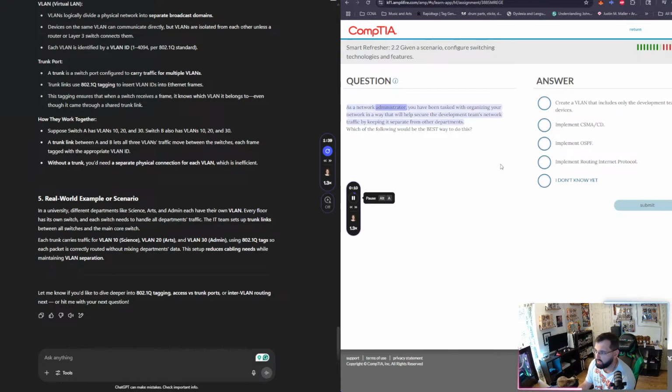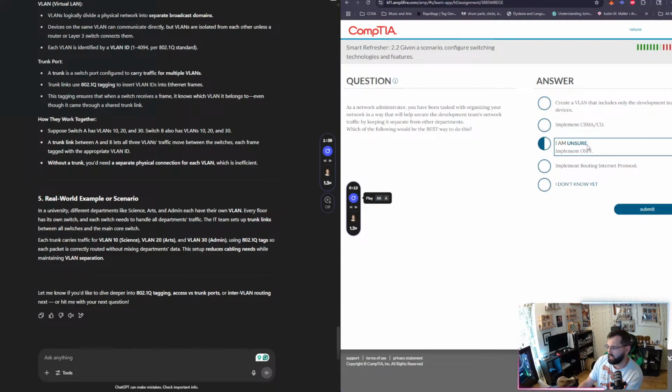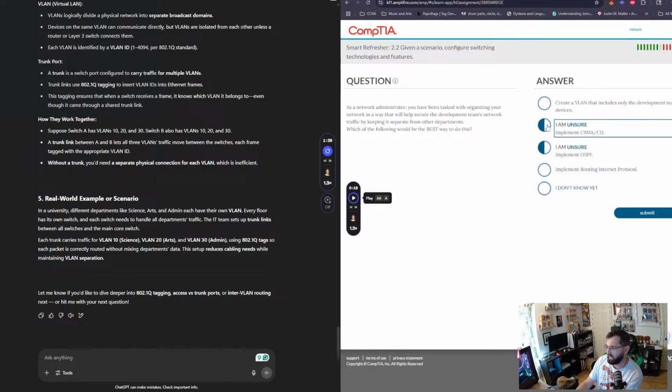As a network administrator, you have been tasked with organizing your network in a way that will help secure the development team's network traffic by keeping it separate from other departments. Which of the following would be the best way to do this? No, this is like how it's going to transfer. I don't think that's the answer. Implementing Routing Information Protocol?